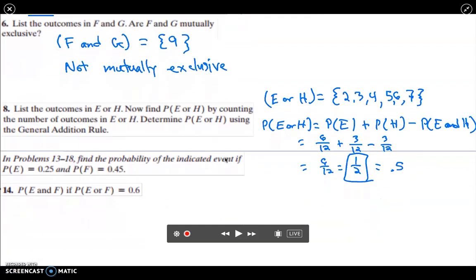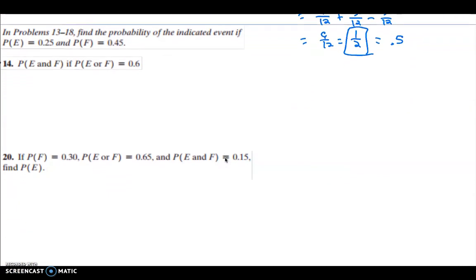Okay, now let's look at one where we're just given some information and see if we can find out a few things. So we know that in this one, the probability of event E is 0.25, the probability of event F is 0.45, and we want to find P of E and F if we know that P of E or F is 0.6.